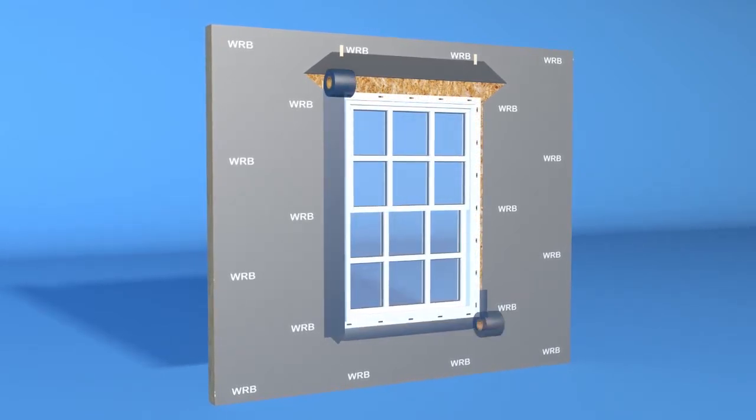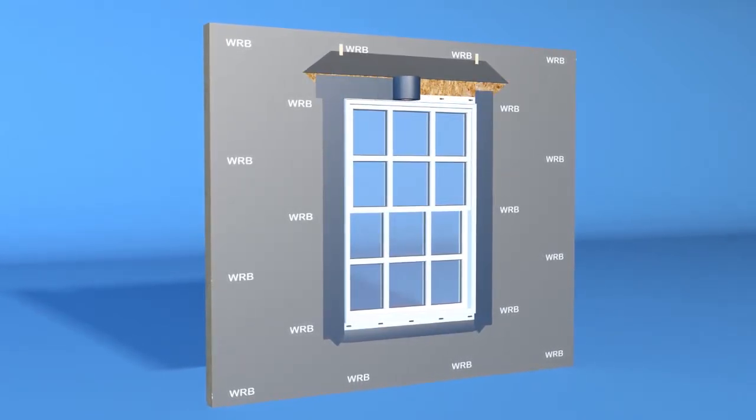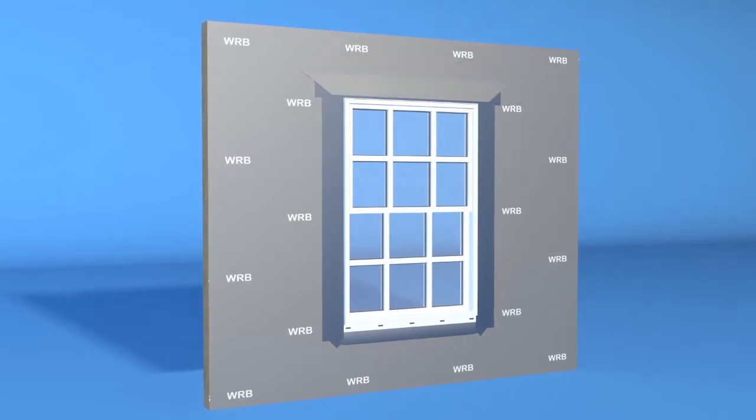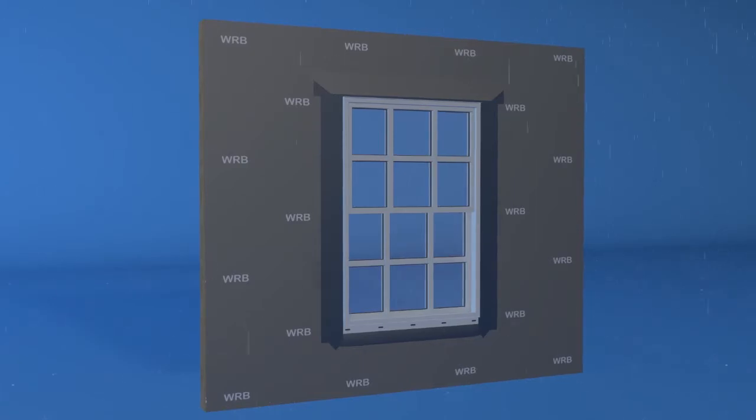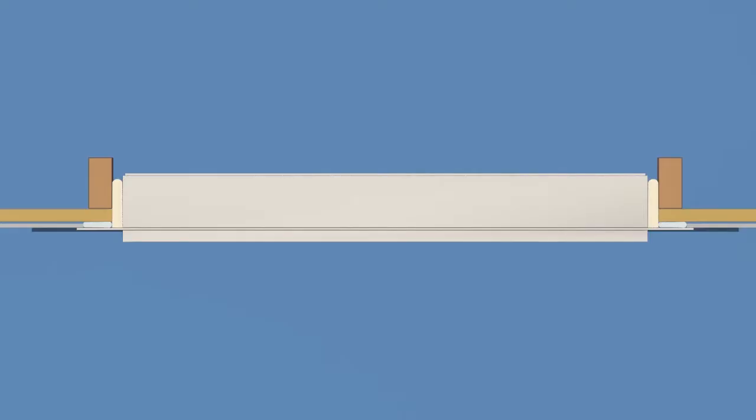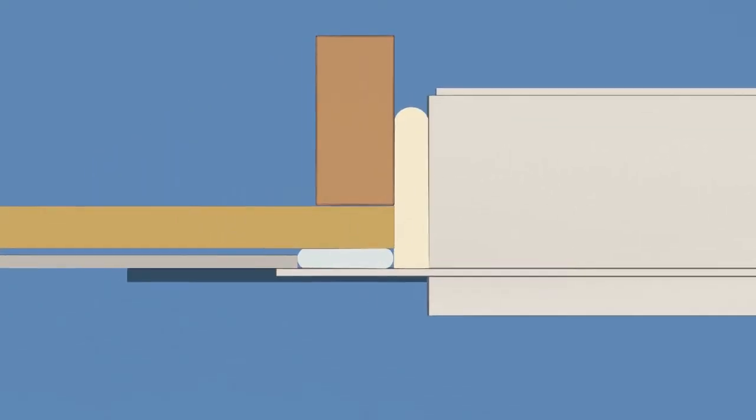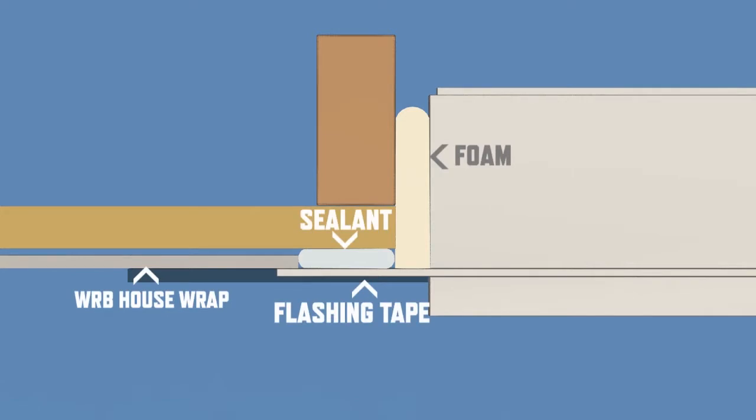The house wrap is integrated with the window and the window opening using self-adhering window flashing tape. As you can see, we now created a fully redundant and sealed system that has eliminated any vulnerable areas for water and air intrusions. This will prevent any incidental water that breaches the house wrap from entering the window opening.